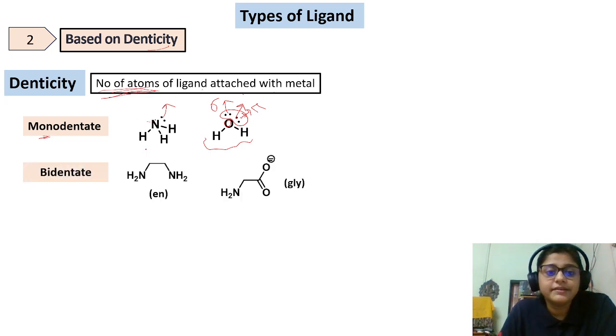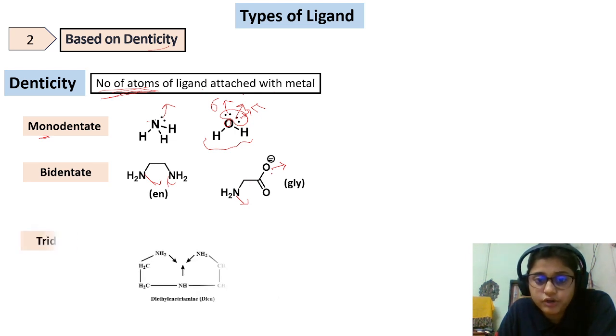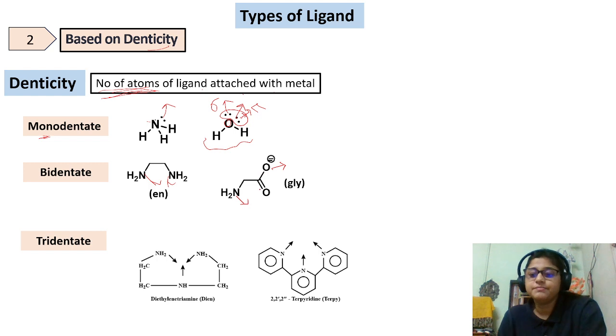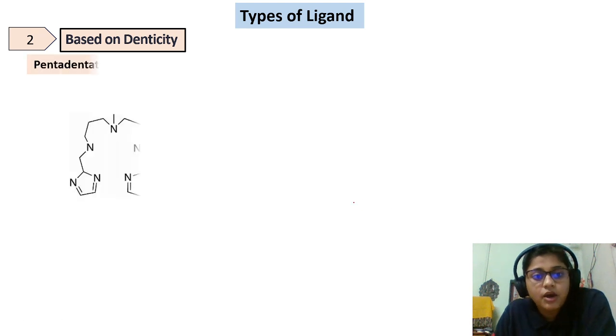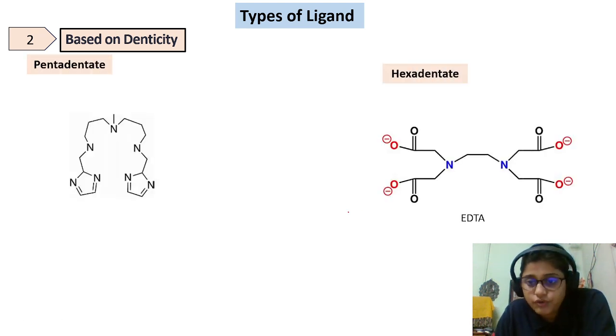Bidentate will be ethylenediamine, with 2 nitrogens. You can see this glycinato ion; the donation will be from 2 atoms. And for tridentate, there are some examples you can see in the slide. Tetradentate also exists, with 4 nitrogen atoms you can see. Then pentadentate and also hexadentate.